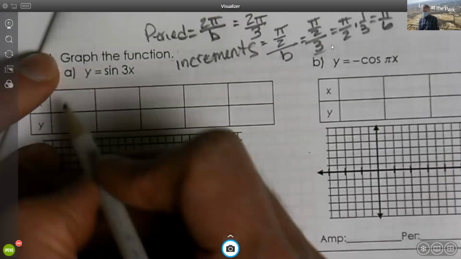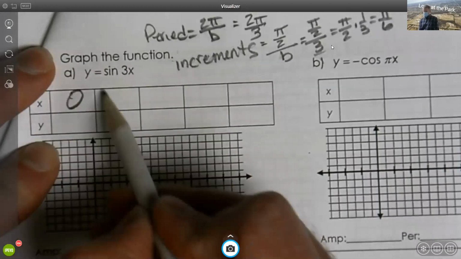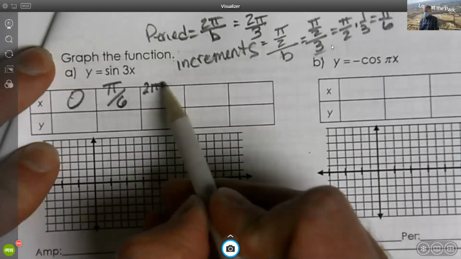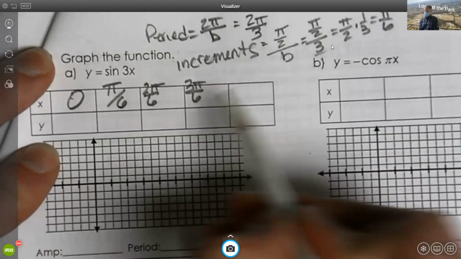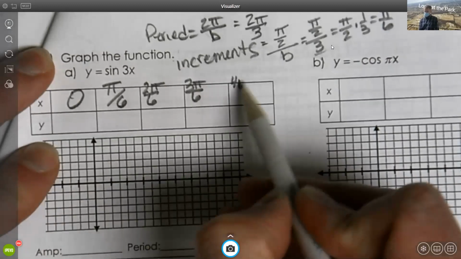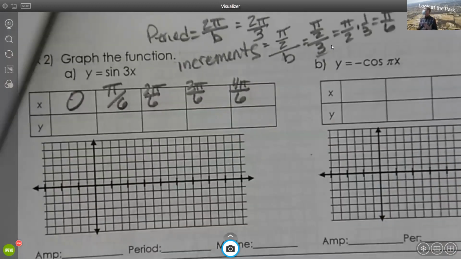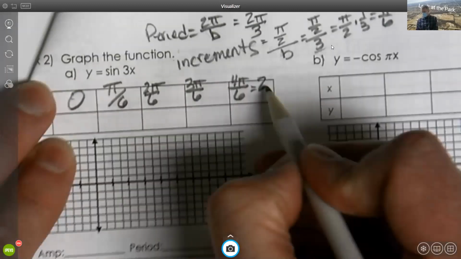So over here we have 0. Then we go to 1 over 6, 2 over 6, 3 over 6, and 4 over 6. 4 pi over 6. Well, what is 4 pi over 6? That is your 2 pi over 3.